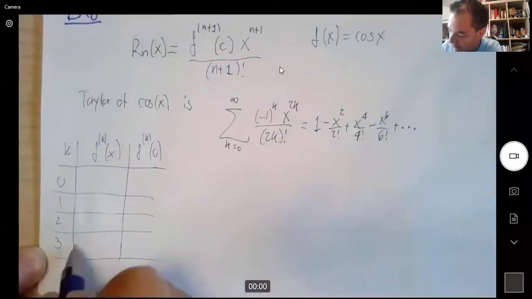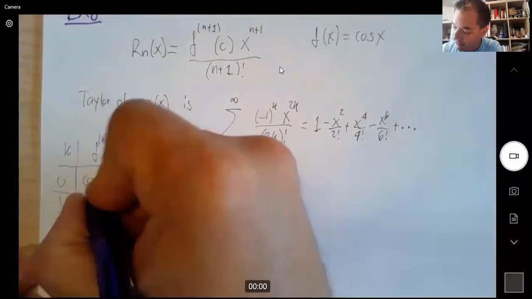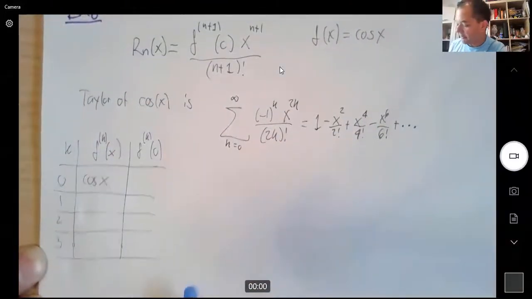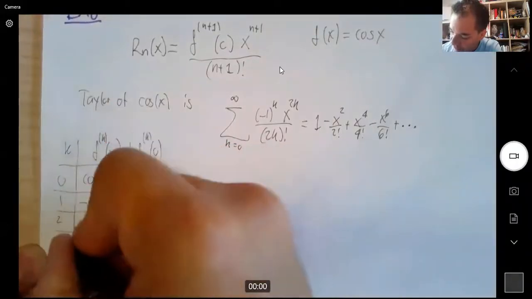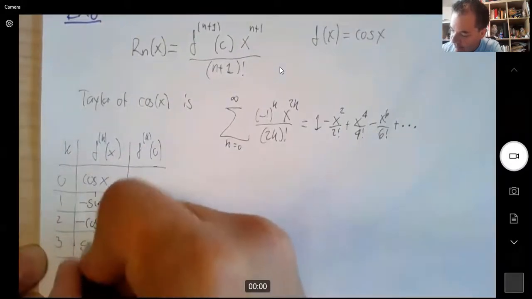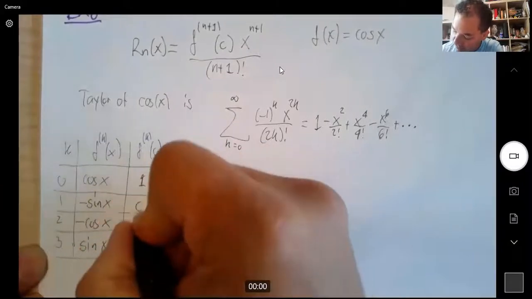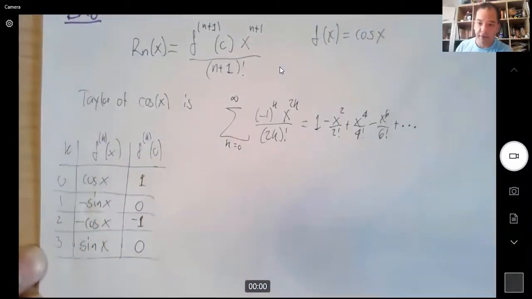So after 4 iterations, it repeats. We start with cosine x. Then the derivative of cosine x is negative sine x. Then negative cosine x. And then sine x. And when we plug in 0, we get 1, 0, negative 1, 0. Right? That's where we did it.